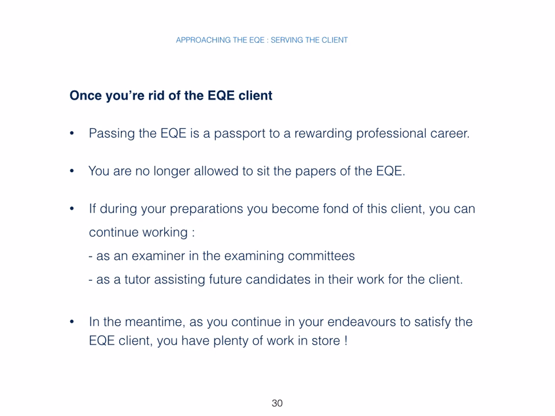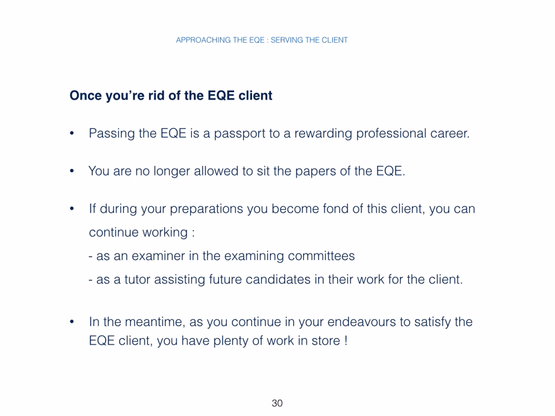Or you can join one of the tutorial schemes as a tutor, assisting future candidates in their work for the client, and therefore continue your good work for this client, explaining to the new candidates what this client needs.